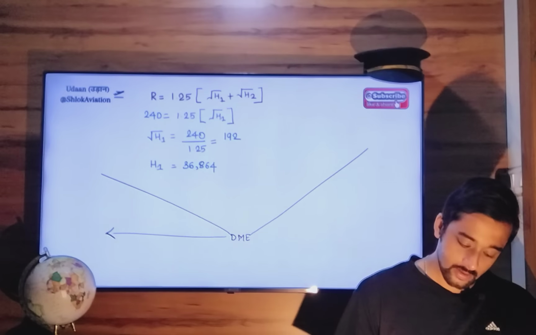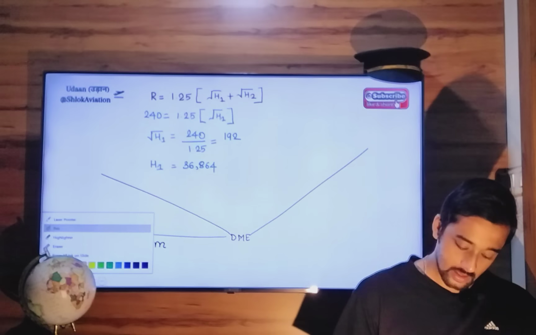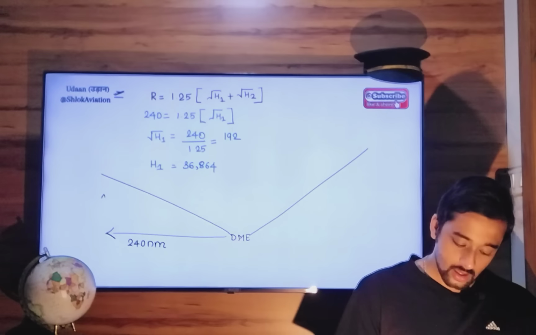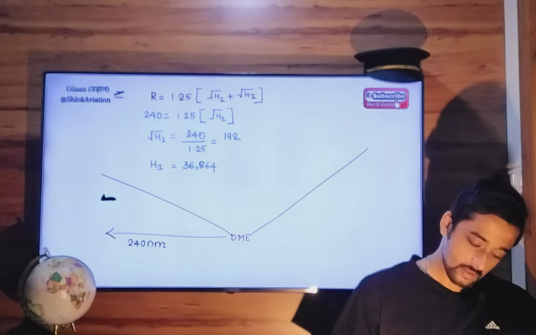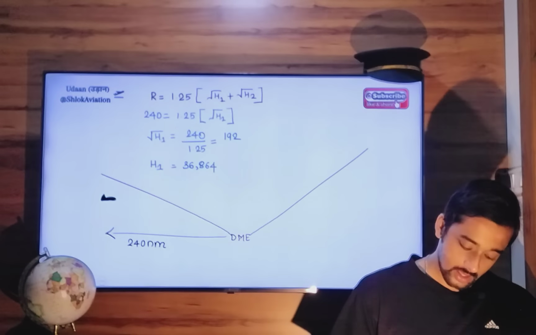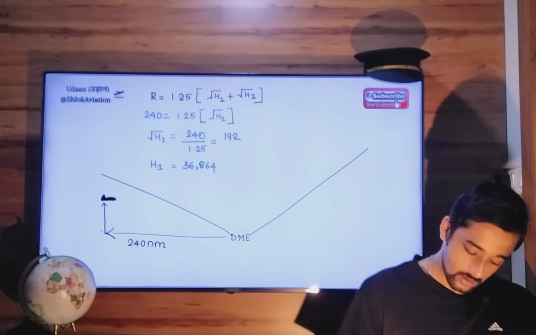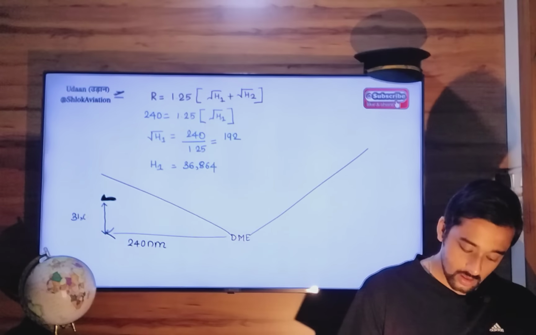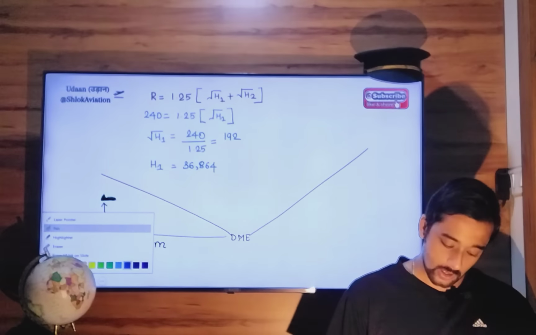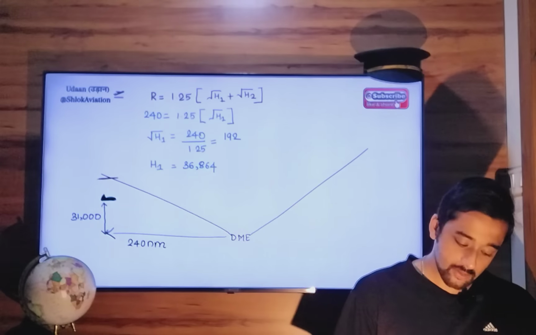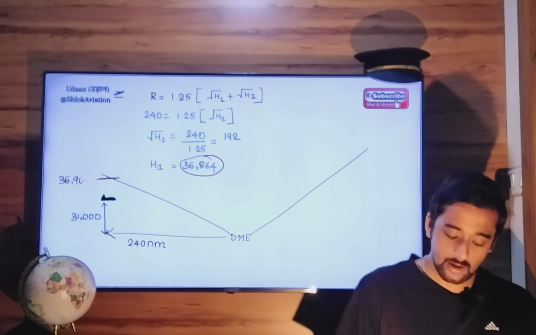When you are 240 nautical miles away at a height of 31,000 feet, you will not receive this DME signal because you are below the specified minimum of 36,900 feet.